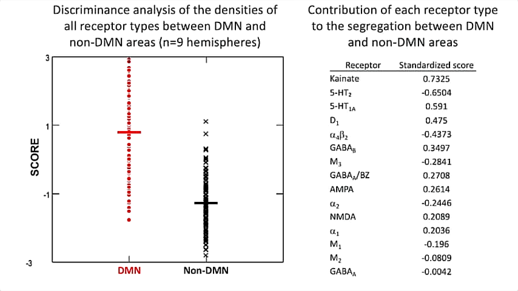So that argues that the interaction of receptors in the microcircuitry of the default mode areas is even more important than the occurrence of the most impressive excitatory and inhibitory receptors.